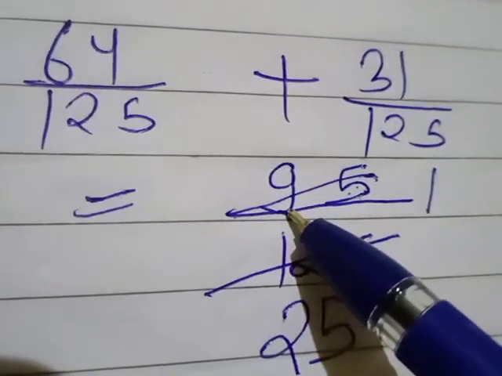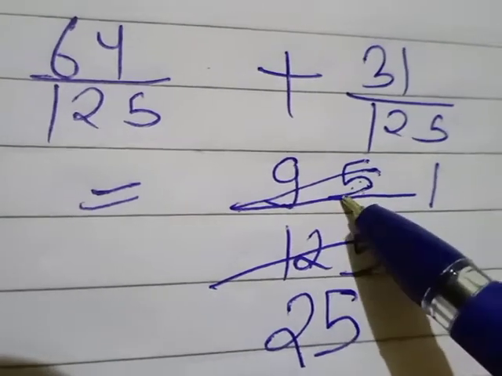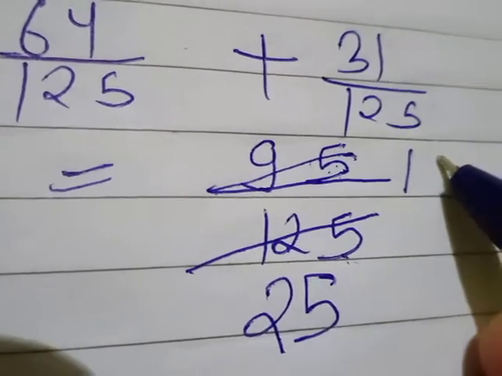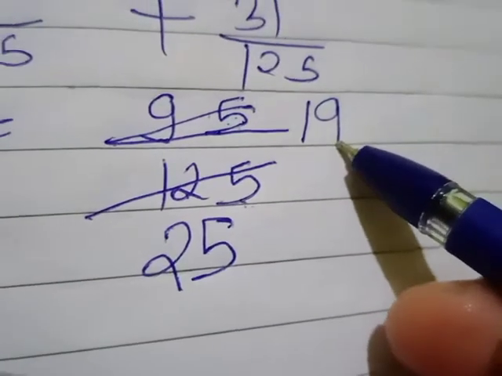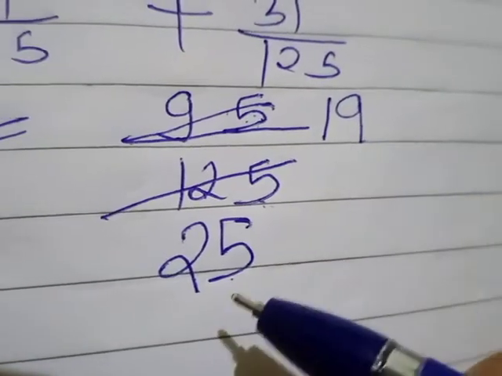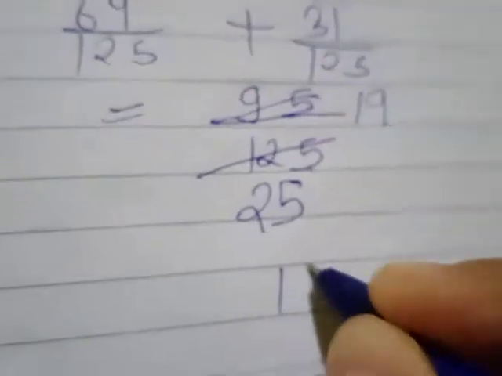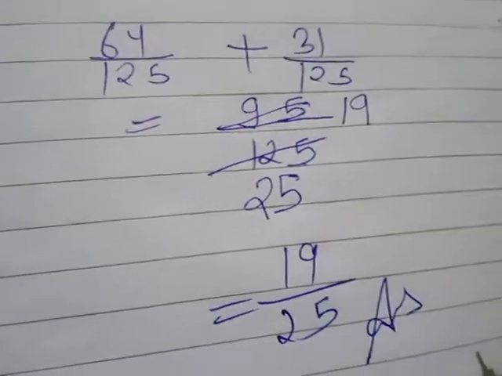Now 4 will remain here. That 4 will be given to this 5. It will become 45. So 5 nines are 45. So 9 we will write here. Clear? Now if you see 19 and 25, both the numbers are not reducible in any other table. So this 19 upon 25 will be your answer in the lowest term.